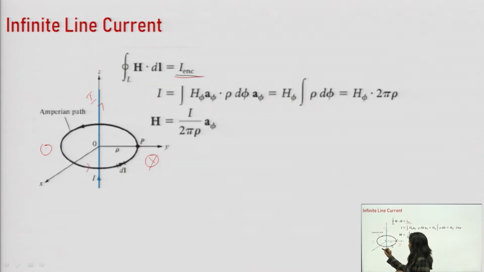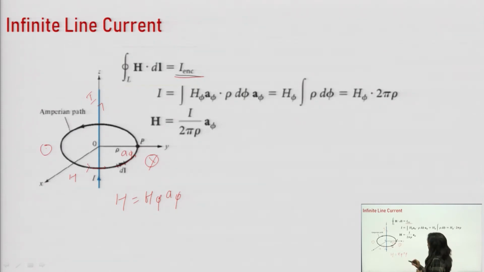So from here we can see that H has the direction towards, if we consider cylindrical coordinates, a phi. So we can write H as H phi a phi. Similarly, the Amperian path is also on the xy plane, moving forward in the direction of increasing phi.